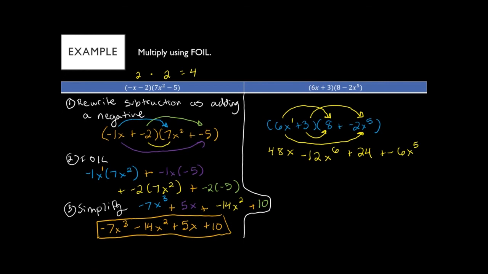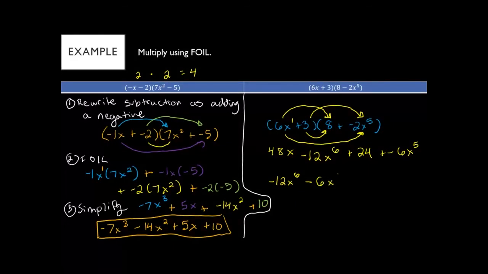Then what you would do is usually look for things that we can add together. They have to have the same variable and the same exponents on the variable. These are all different, so I can't add them together. So we usually just put them highest to lowest. So that would be the x to the 6th part first, so negative 12x to the 6th.